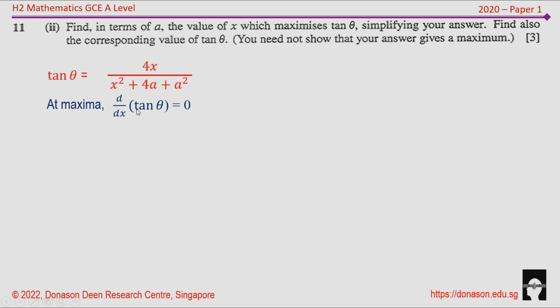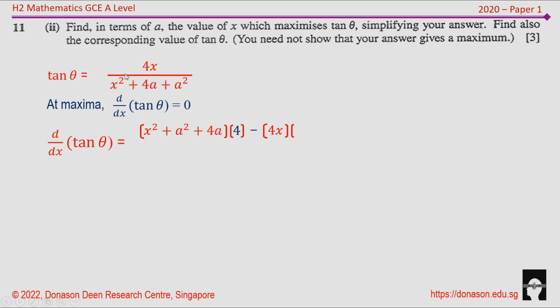So we just need to differentiate this function with respect to x. d tan theta by dx is equal to, using the quotient rule on the right hand side, we start with the denominator, which is x squared plus a squared plus 4a, times the derivative of the numerator 4x, which gives us a 4, minus, now let's keep the numerator fixed, which is 4x, and differentiate the denominator.